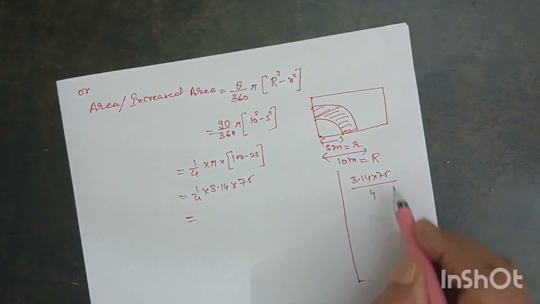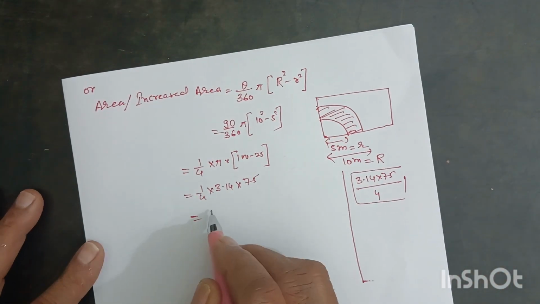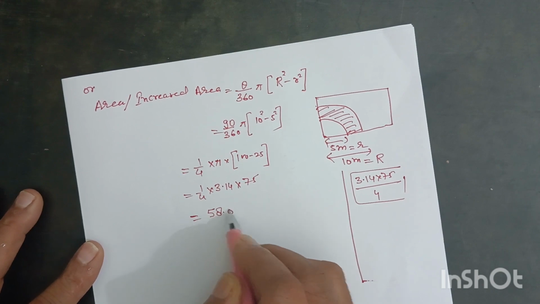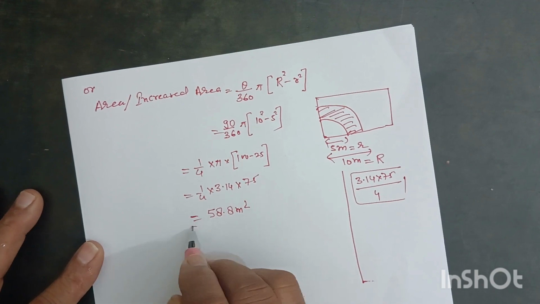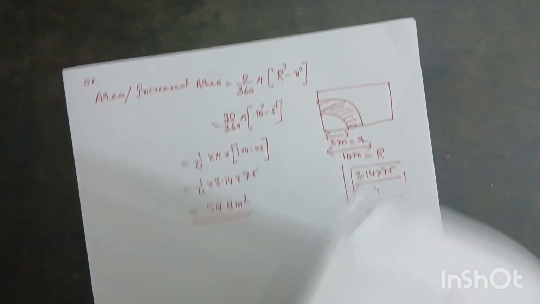Now on multiplication and dividing by 4, again you will have area 58.8 meter square. So either way you can solve this question.